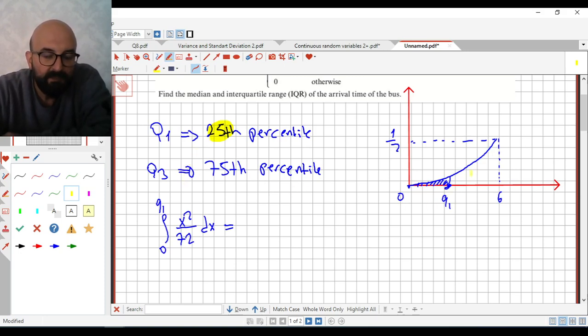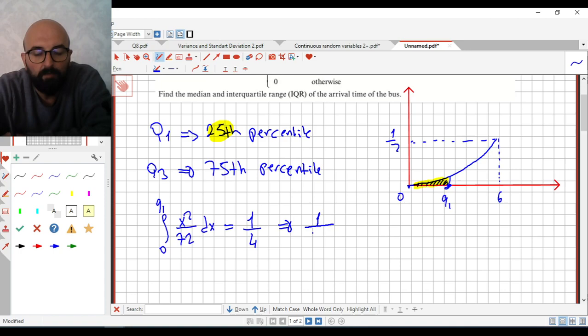Please remember that the area under the PDF should equal 1. So this area should be 1 over 4, and the probability of this section is 1 over 4, and then 1 over 216 x cubed from 0 to Q1 should be 1 over 4.